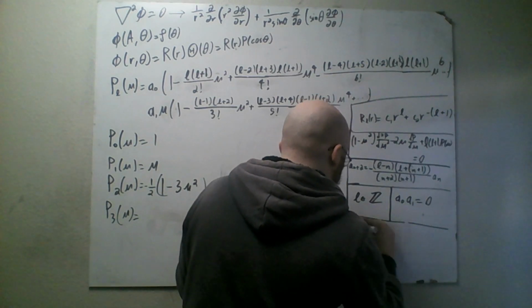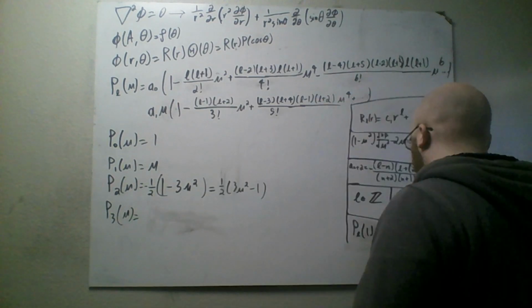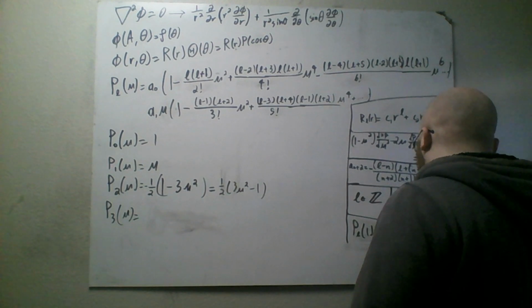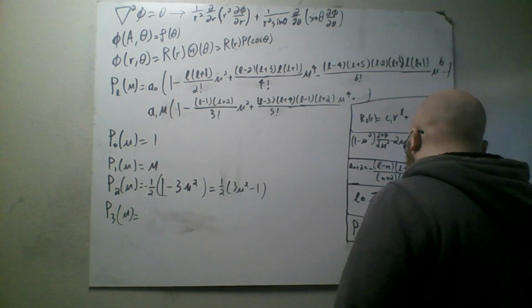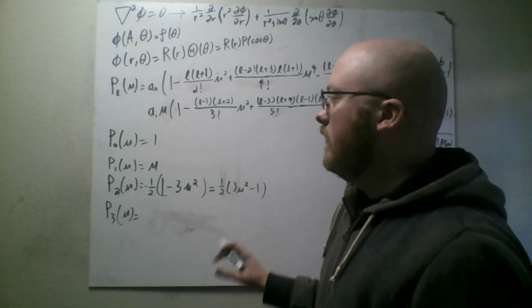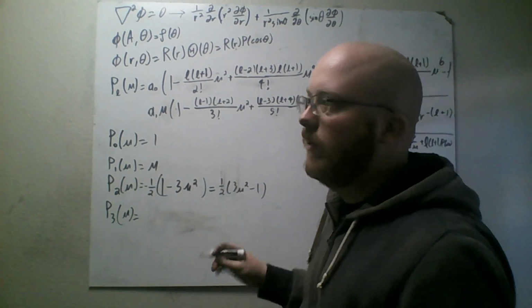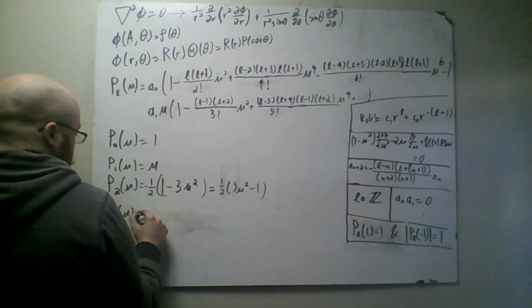So PL of 1 equals 1, and the absolute value of PL of negative 1 equals 1. Okay, those are the two conditions. The reason for that normalization is so that eventually when you end up multiplying by stuff or integrating over it, you end up not having to deal with anything. And it's pretty nice. So P3.